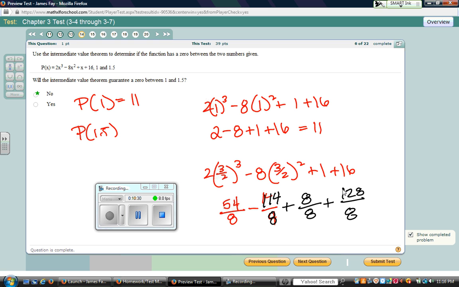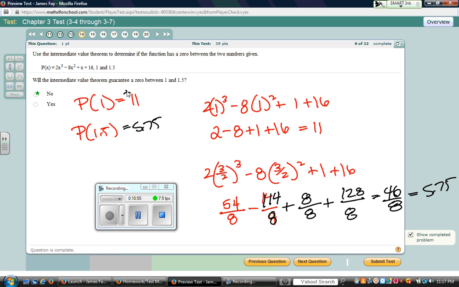Okay, so we got 54 minus 144 plus 8 plus 128 gives me 46 over 8. Okay, which 46 over 8 is 5.75. Okay, so P of 1.5 is 5.75.